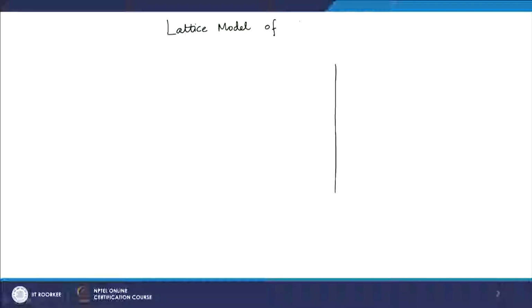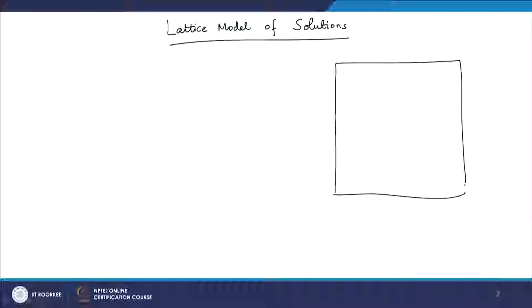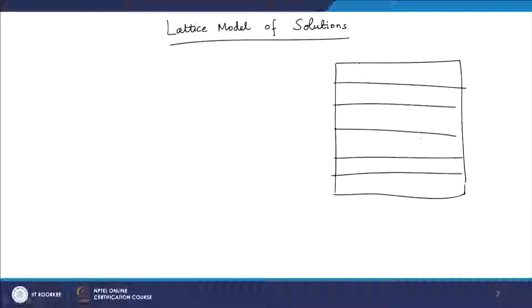So, just to recap, we are working on the lattice model of solutions, where we assume that we have a certain number of solute and solvent molecules in the system which are constrained to move on a lattice instead of moving everywhere in 3D space.